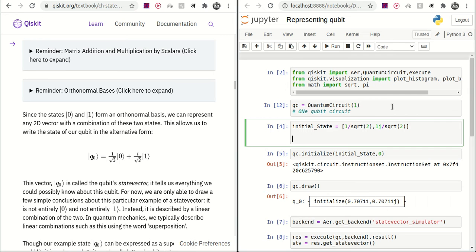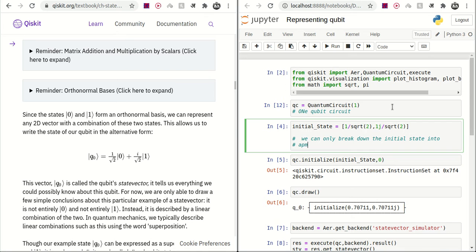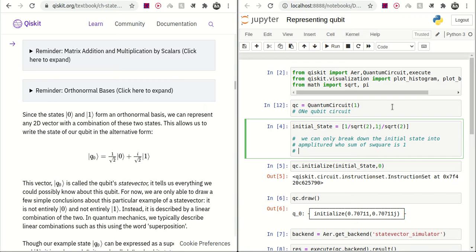There is also one thing I want to mention, that we can only break down the initial state into amplitudes whose sum of squares is 1. Why?